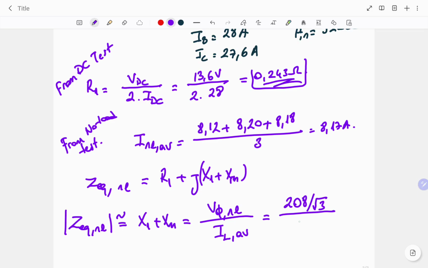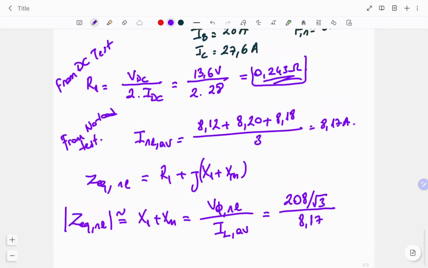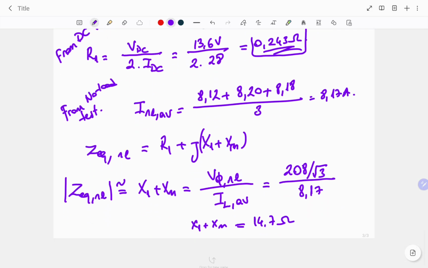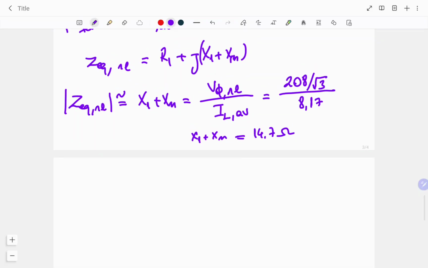For the denominator, we have 8.17, the average line current. Because of the Y connection, line and phase currents are equal to each other. From here, X1 plus XM can be calculated as 14.7 ohms.